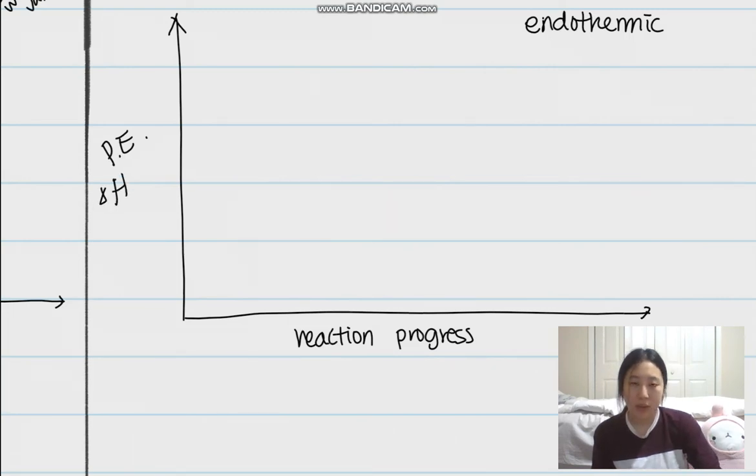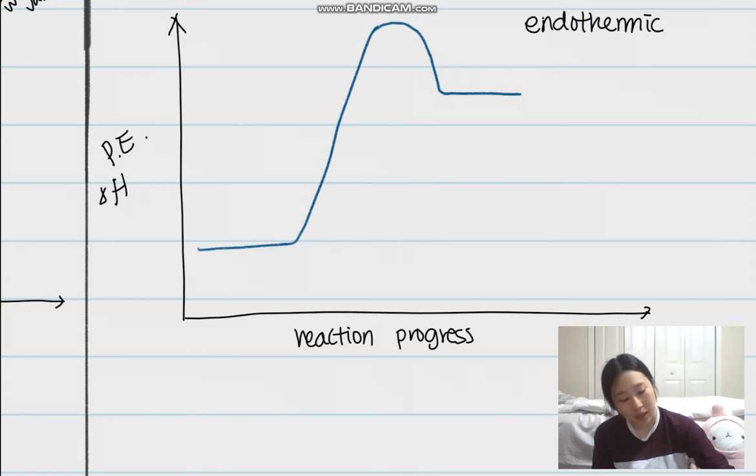Alright, for an endothermic process, you will have a positive delta H, which means you're gonna start from low potential energy. You're gonna have huge activation energy, and then you'll end up over here, which is going to be higher potential energy than before.